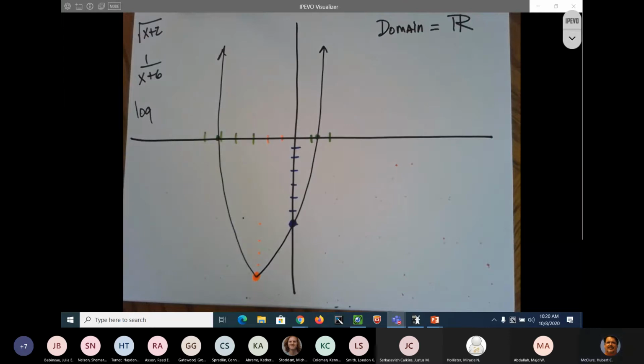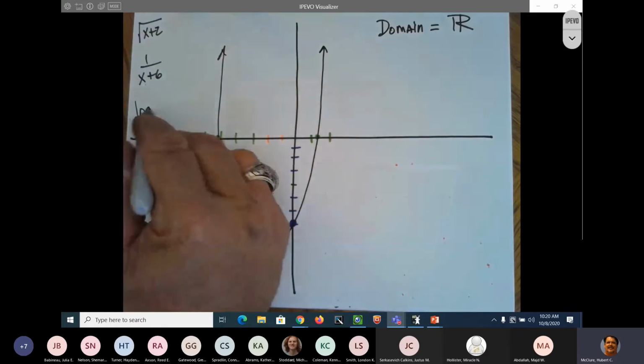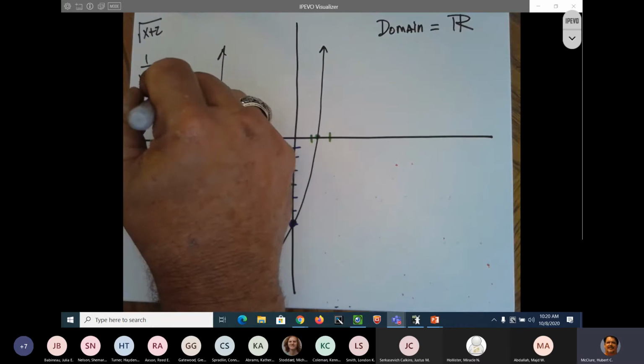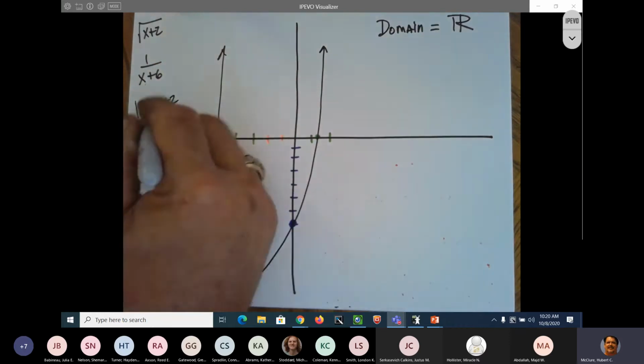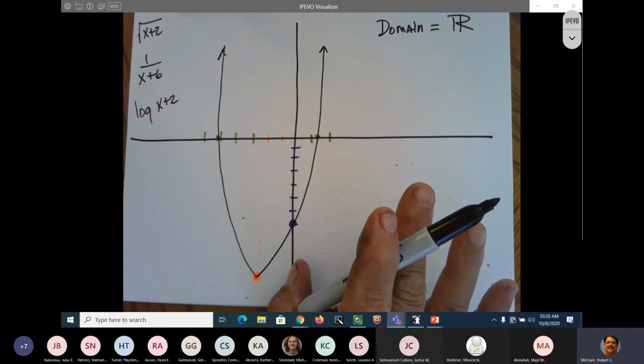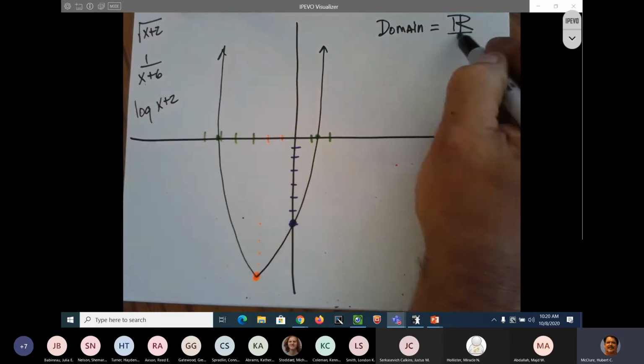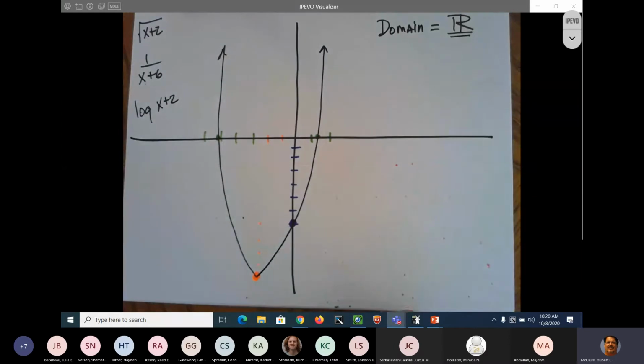If you have any of these, and we're going to get into that later, like the square root of x plus 2, 1 over x plus 6, or log of x plus 2, then the domain is going to be affected. But more than likely, in 3.1 and 3.2, if you get the domain wrong, you don't tell anybody, because that might put a sign around your neck that says, I don't know what I'm doing.